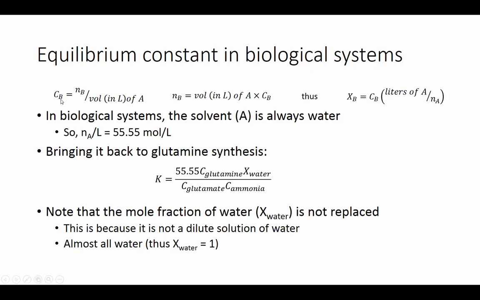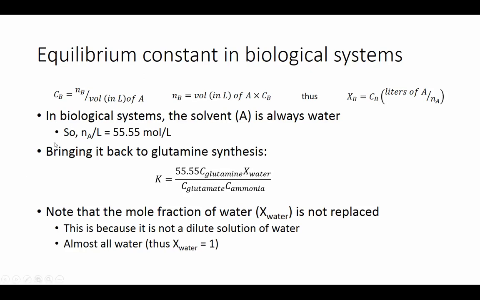So again, we've got a concentration, there are a number of moles of B. We could figure that out in this way, but just by rearranging the concentration equation, Xb, the molar concentration, is just the volumetric concentration of B multiplied by the number of liters of A divided by the number of moles of A. And so with this we can update our equilibrium constant equation.